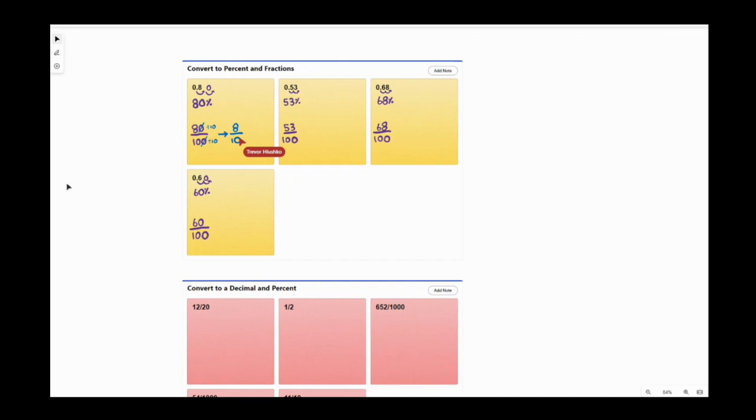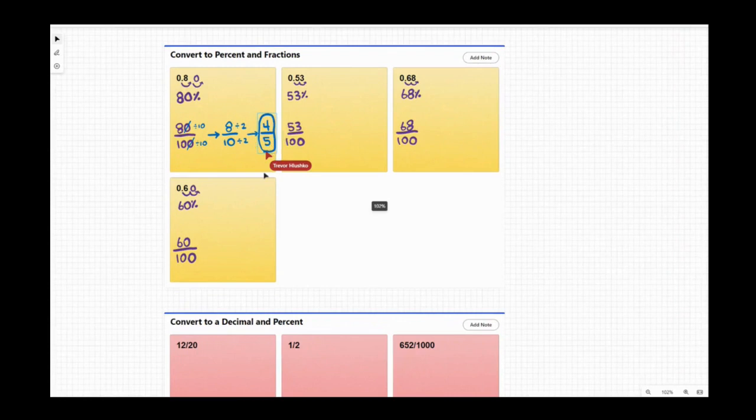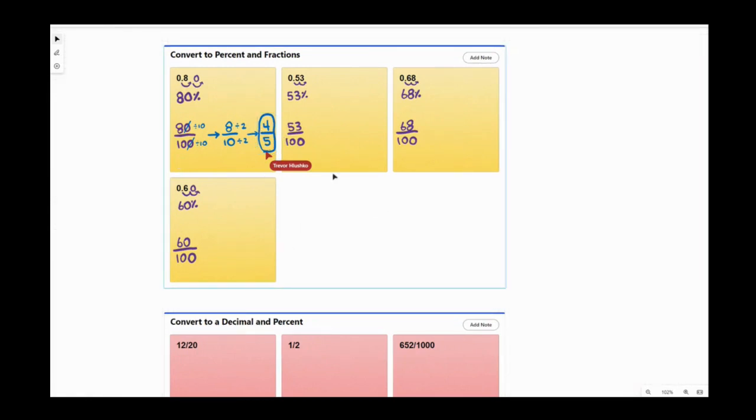So these are the same fraction. They're equal, okay? I can reduce it further because both the 8 and the 10 can be divided by 2, which means that this is 4 over 5. I can't reduce that any further. So that is the fraction in simplest form. Okay. 53 over 100.